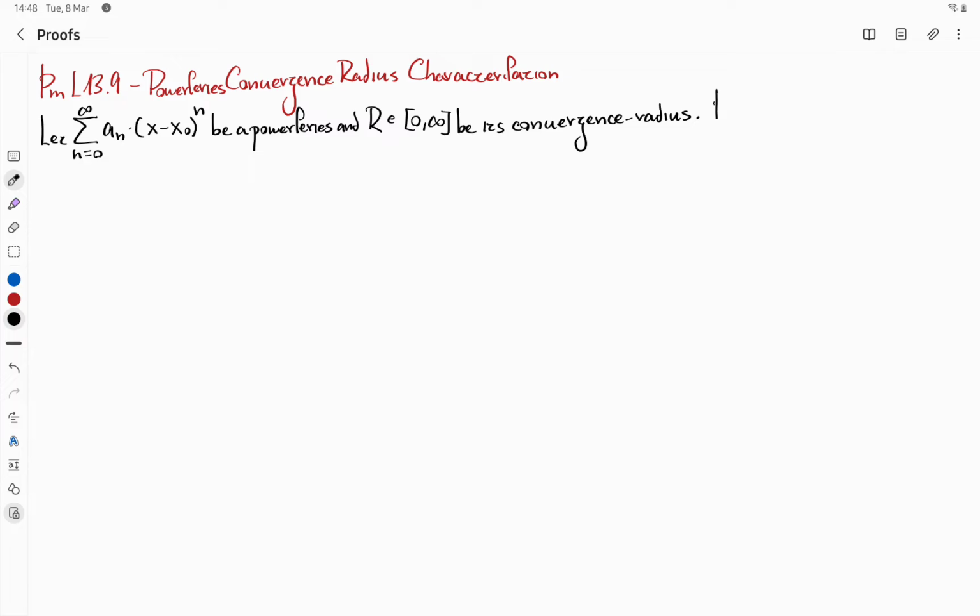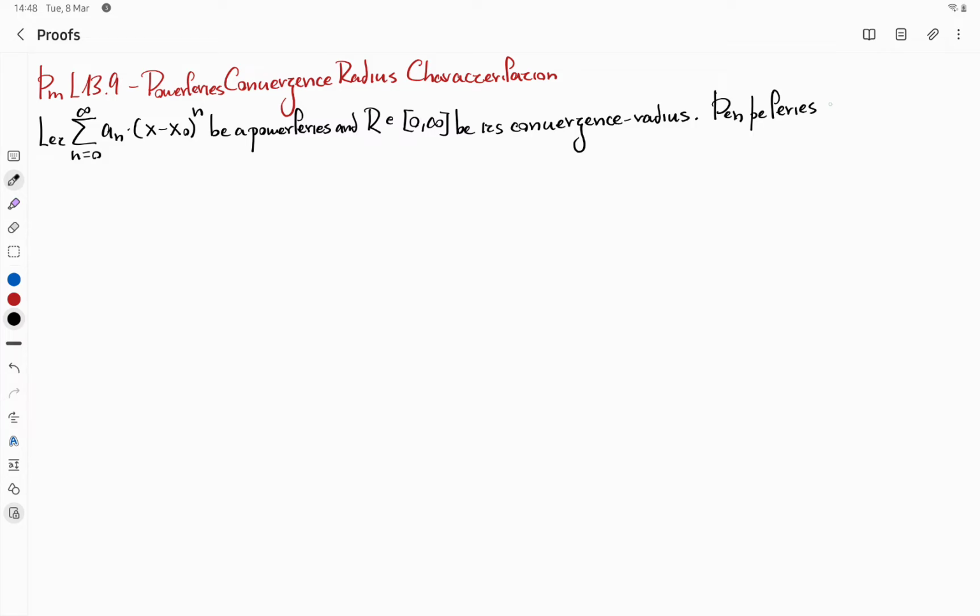Now then, this Powerseries converges absolutely on the interval from x0 minus r to x0 plus r.